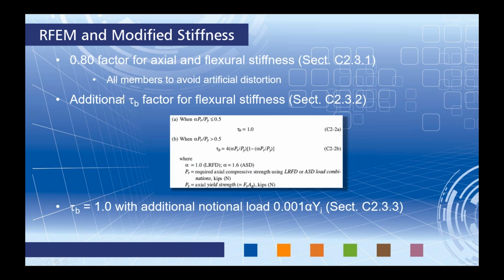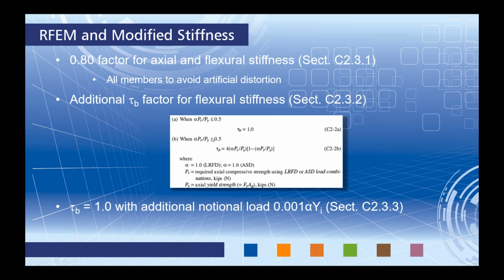Now there is an additional tau sub b factor for flexural stiffness. This comes from section C2.3.2. Again, this is just a screenshot directly from the code, and you'll notice that our tau sub b factor is dependent on our axial loads. So when our required axial compressive strength over the axial yield strength is less than 0.5, then tau sub b can just be equal to 1.0.